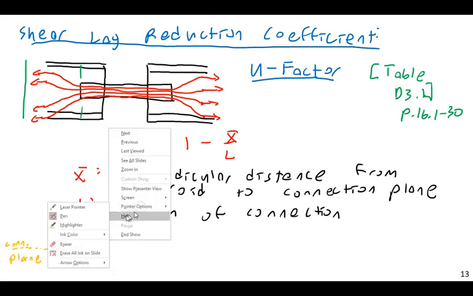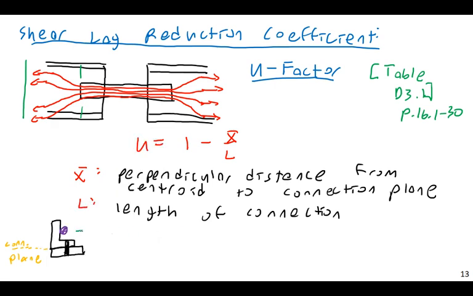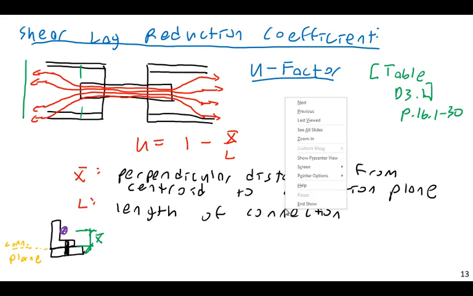My X bar would be the perpendicular distance from the centroid of the element that I'm looking at, the centroid of the angle, to the connection plane. So that would be my X bar here. It's the perpendicular distance from the centroid of whatever tension member you're analyzing to the connection plane. Okay, so that is your X bar.